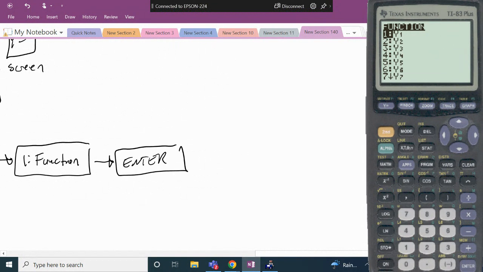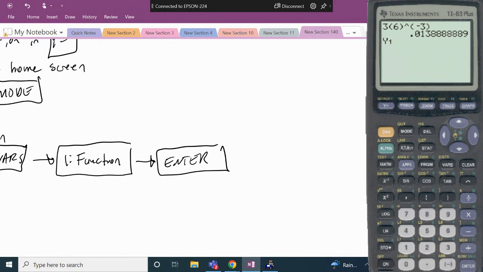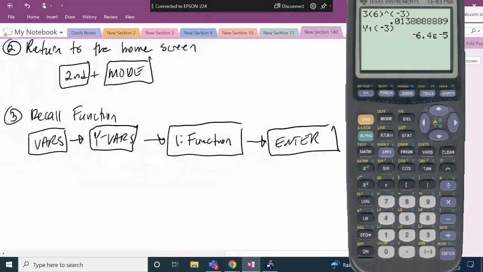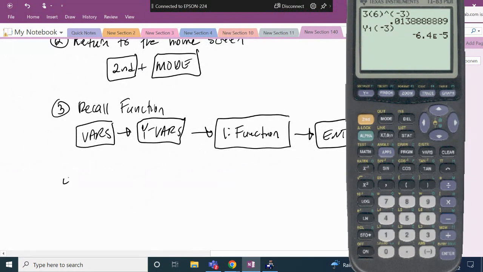Okay, and from this point, we want to choose the function, and we've stored that function in for y sub 1, so I'm going to hit enter. All right, so notice that y sub 1 pops up, and now we want to substitute in the given value, so I'm going to hit negative 3, but you must use a set of parentheses. All right, so I'm going to evaluate the function y sub 1 at negative 3, and if you hit enter, this is what we get.